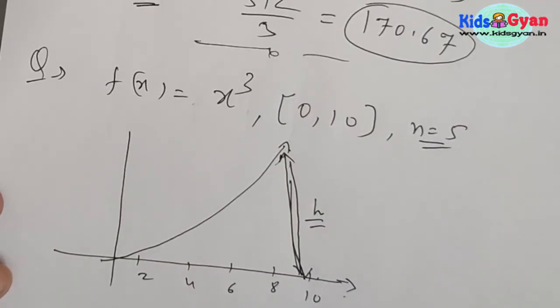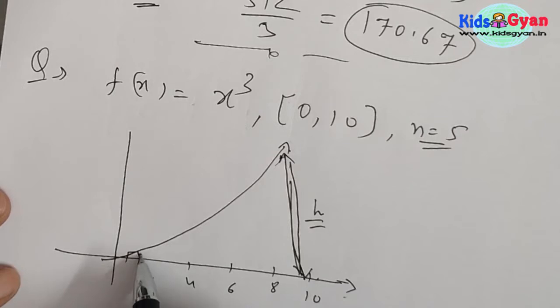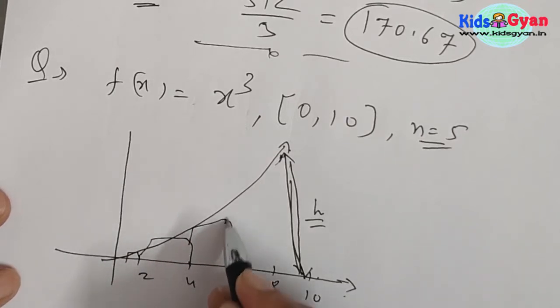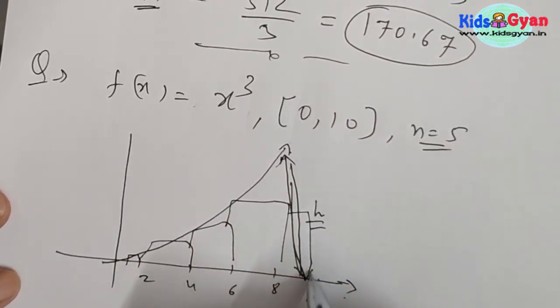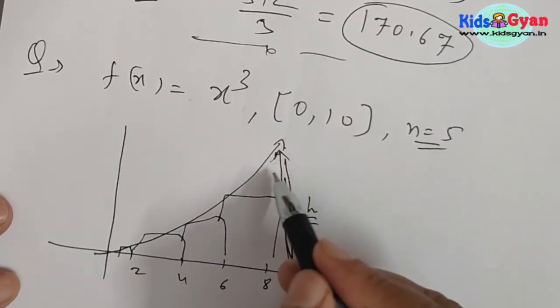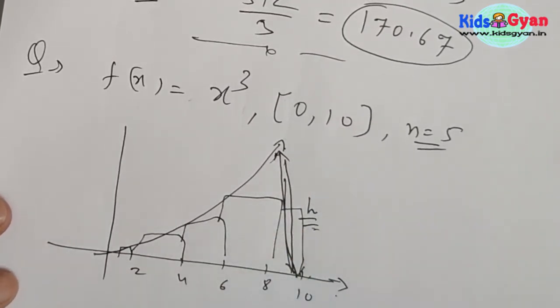Okay, now again we draw rectangles here. And this is our width h.